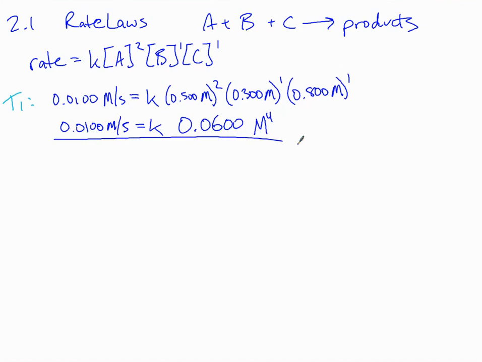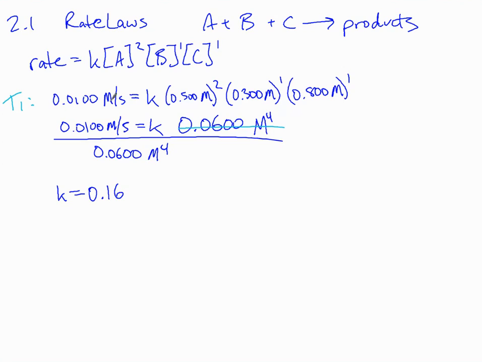Then I'm going to divide both sides. 0.0600 molar to the fourth power. And so my K value came out to 0.16.